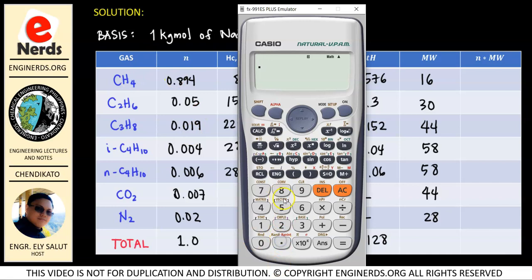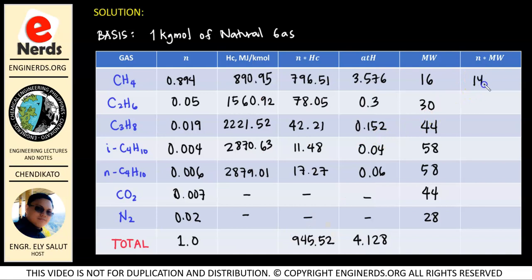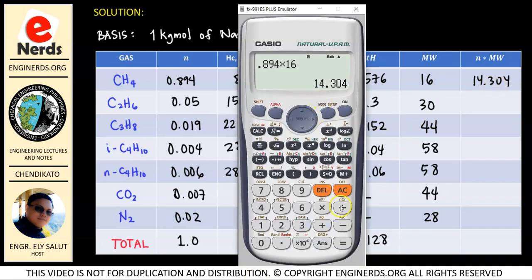We have 0.894 times the molecular weight 16. This is equal to 14.304. Okay. Next is itong C2H6. We have 0.05 times 30, which is equal to 1.5.